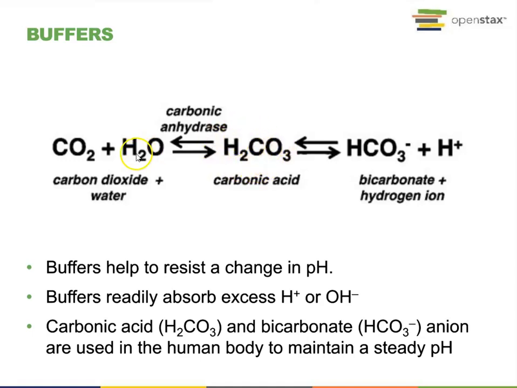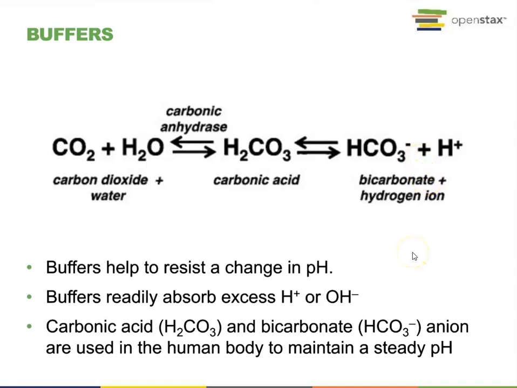This acid can be converted to carbon dioxide and water. Then carbon dioxide will be exhaled to the outside through our respiratory system. On the other side, if the pH goes up and becomes alkaline, then carbonic acid can release more hydrogen ions to change the pH back to the normal range.